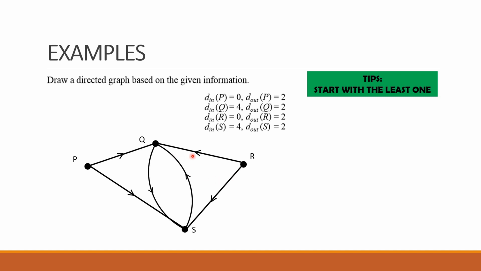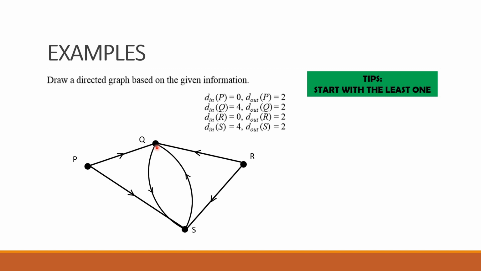So now for each of S and Q, we have 3 going in and 1 degree going out. So we are left with another 1 degree going out and another 1 degree going in, because here we already have 3 in. So we need another 1 going out, 1 going in, for each.